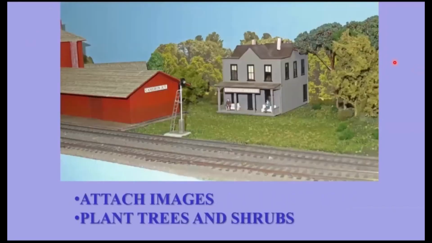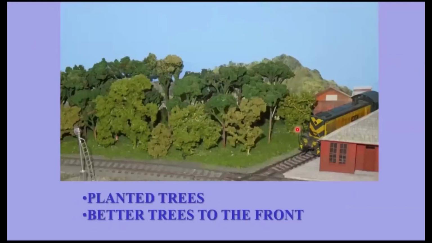Then I added the trees and one depot building, hotel building that I had. And that's about how much I completed. Planted some trees on the other side using some of the old sedum trees in the background and the better super trees in the foreground.